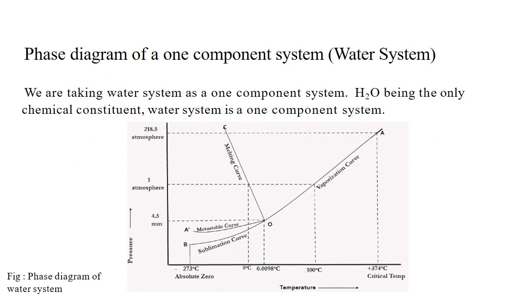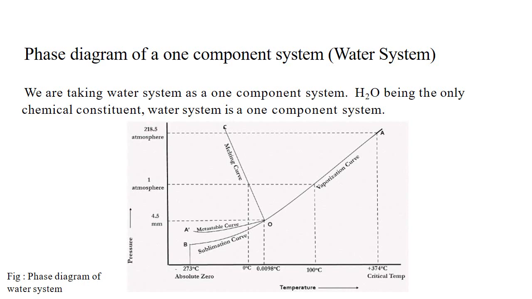Phase diagram of a one component system. Here our focus will be on the water system. We are taking water system as a one component system, H2O being the only chemical constituent, which exists in different phases. That's why it's called one component system. The diagram shown here is the phase diagram which is established for a one component 3 phase system.